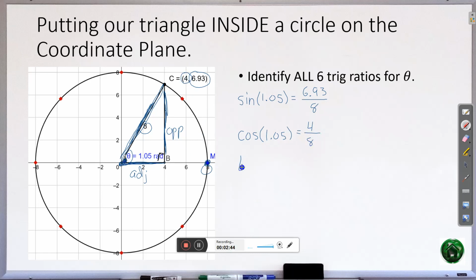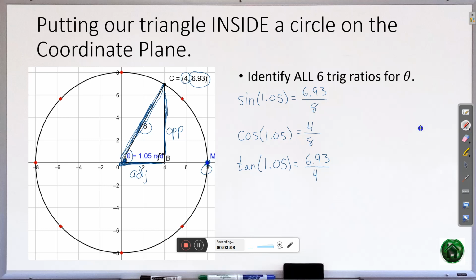And our last one, tangent of 1.05 is going to be our opposite, which was our y value, 6.93, divided by the adjacent, which is the x value, which was 4.